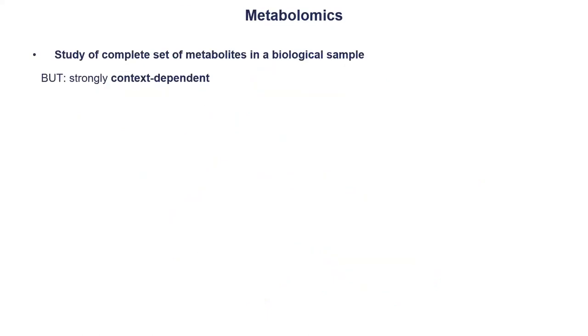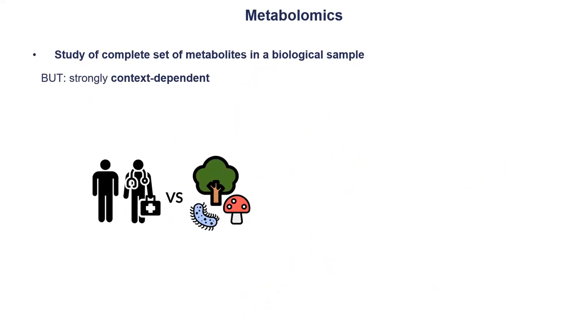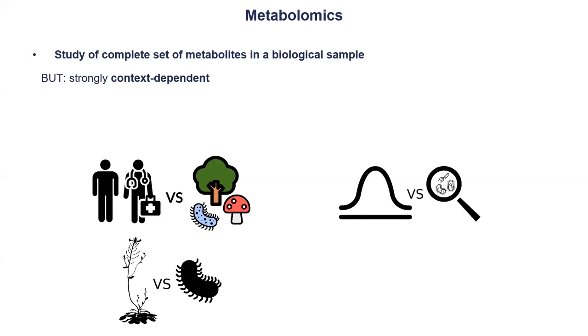Speaking about this, we always need to be aware of what we actually study, what our sample is, or what our question or issue is. So we need to see what sample set we have and what we want to see. We may want to compare, for example, human samples to environmental ones, or, on a smaller scale, the plant kingdom versus microbes. Then we need to keep in mind what our plan is.